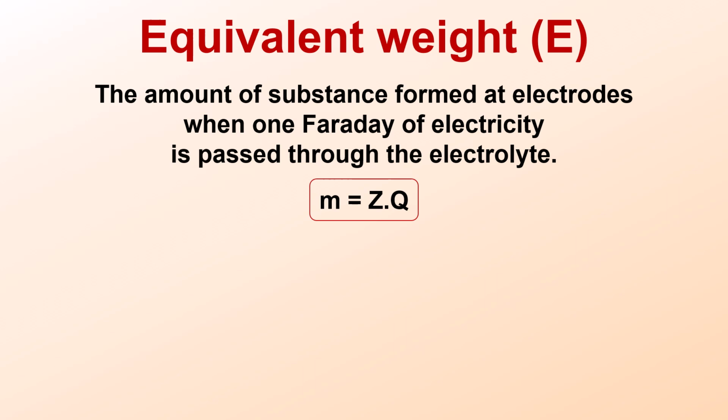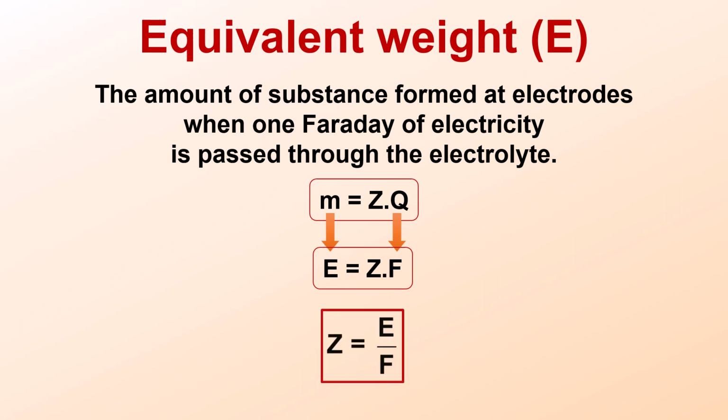If the quantity of electricity passed Q is equal to 1 Faraday F, then the mass M becomes the equivalent weight E. Rearranging this expression, the electrochemical equivalent Z can be written as Z is equal to E by F.